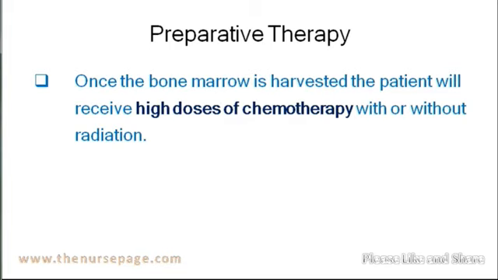Next is preparative therapy. After harvesting of the bone marrow comes preparative therapy. Once the bone marrow is harvested, the patient will receive high doses of chemotherapy with or without radiation.